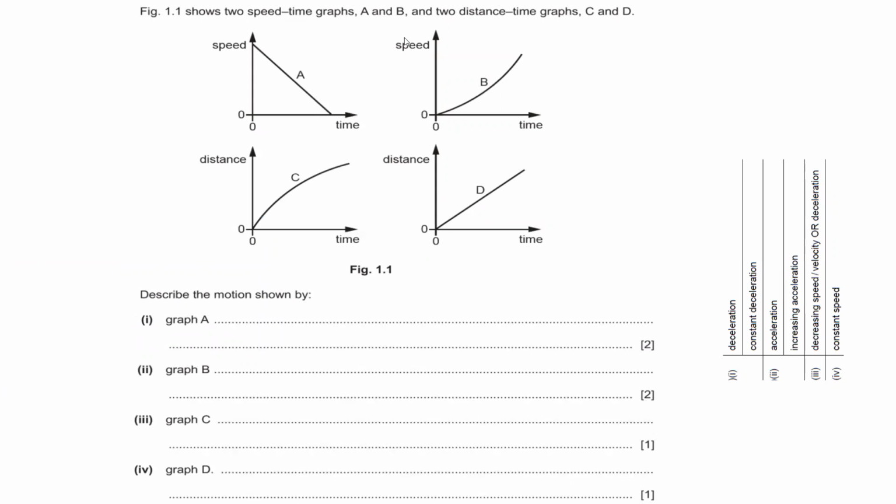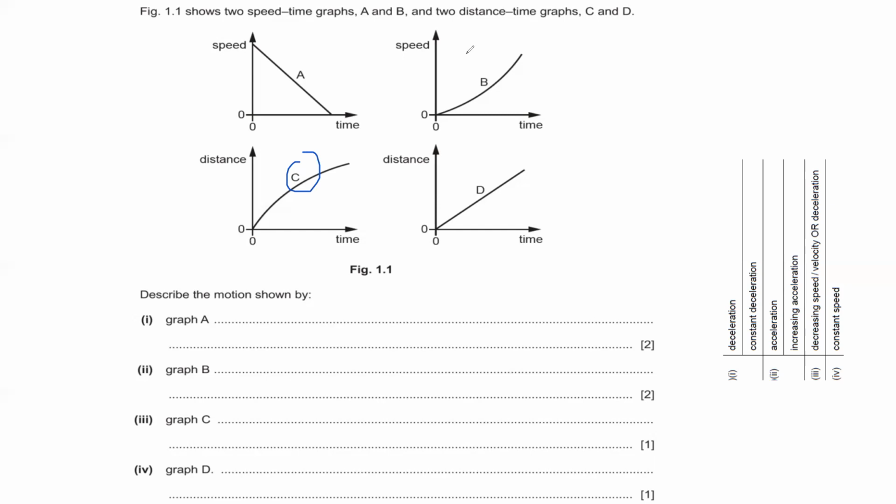So I want only the answer for C and D. What is happening in graph C? Not about A and B, because we did not discuss speed time graphs. Speed time graphs we'll discuss tomorrow, because I want you to take time and go through the distance time graph first, and then we'll compare speed time graphs.